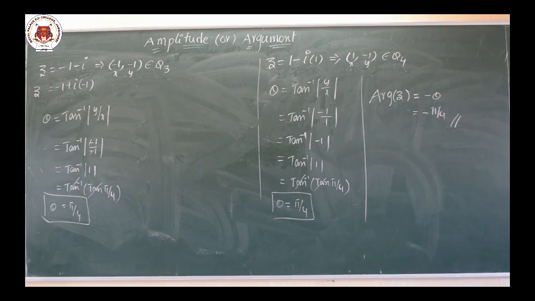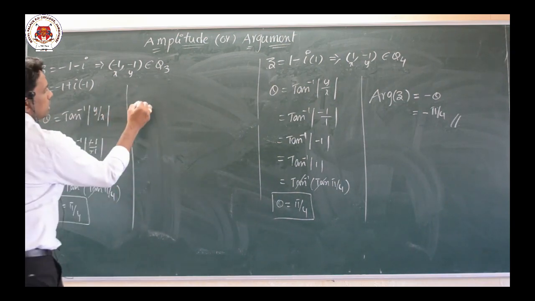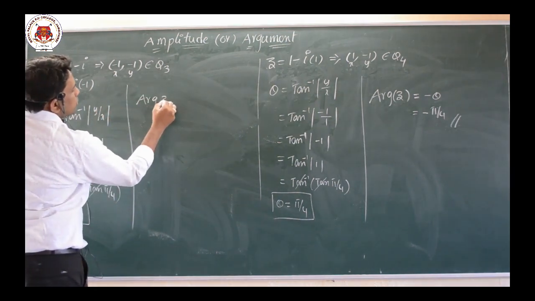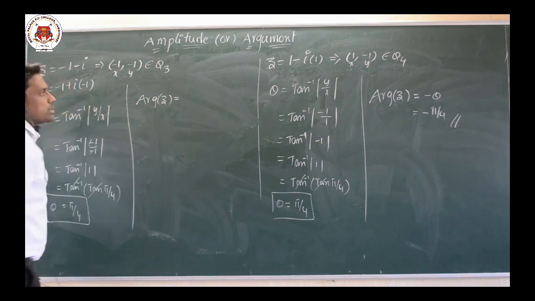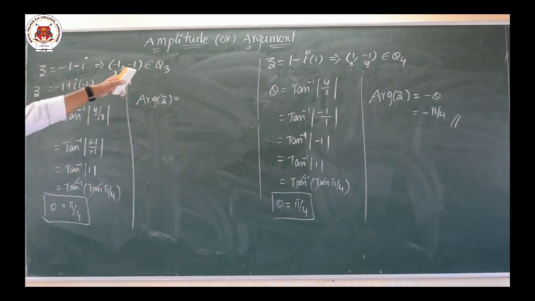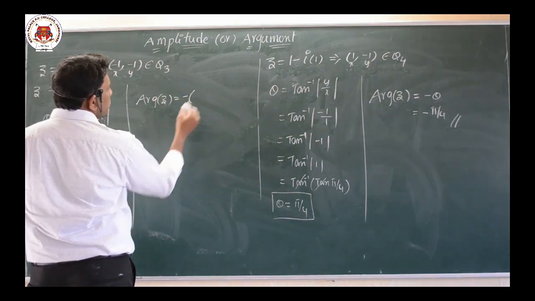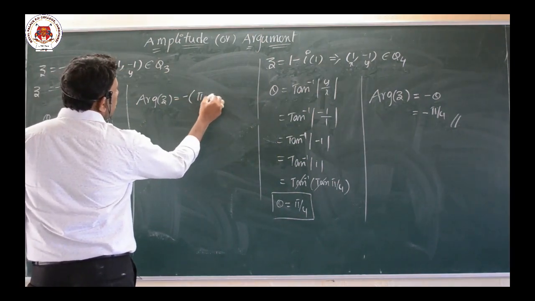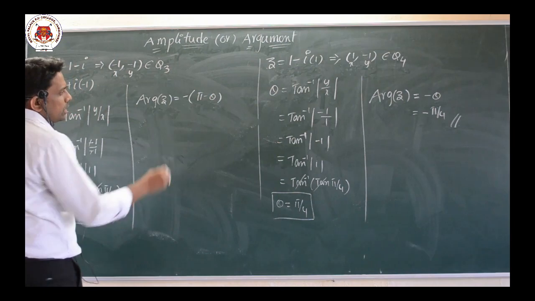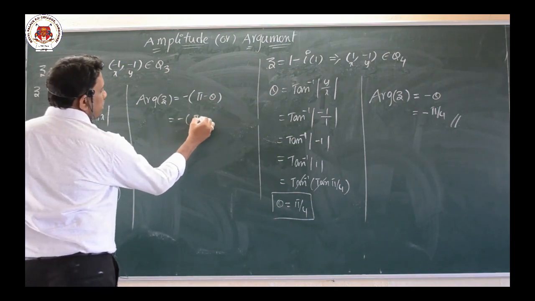But I want the argument. So the argument of this complex number, students, it is in the third quadrant. If it is in the third quadrant, then the argument formula is minus of pi minus theta. So minus of pi minus pi by 4.